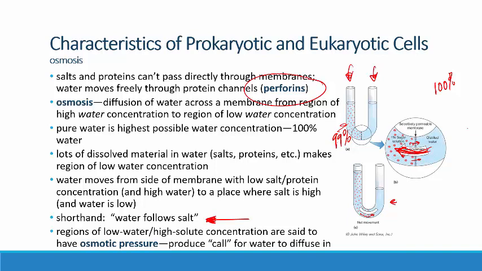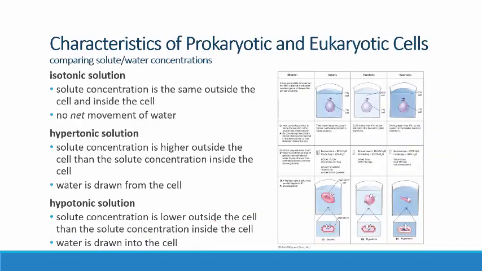So keep in mind osmotic pressure, as opposed to, say, hydrostatic pressure, like with the water hose. Osmotic pressure calls water to the saltier location, to the region that has the low water concentration and the high solute concentration. Okay, so that's osmosis. Osmosis is always going to move water from where there's a whole lot of water to the place that has less water in it. And that's why water follows salt.